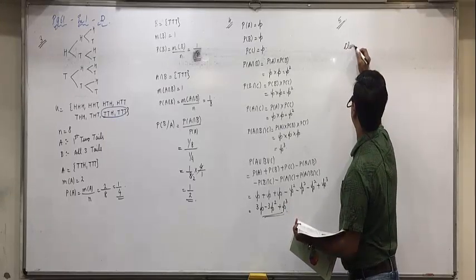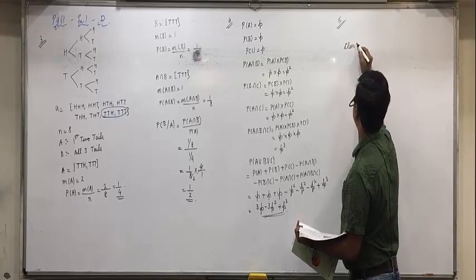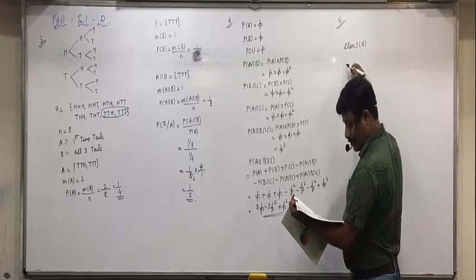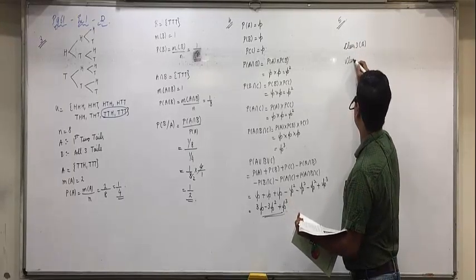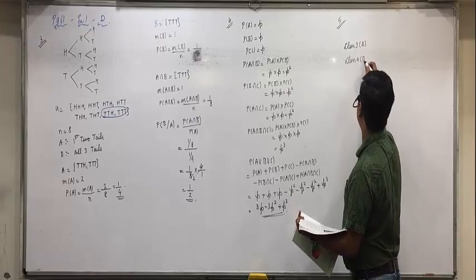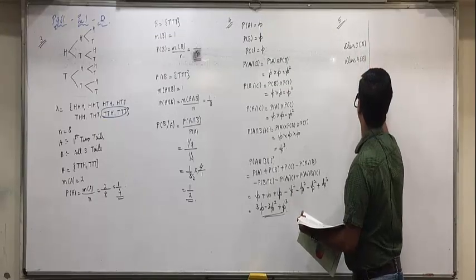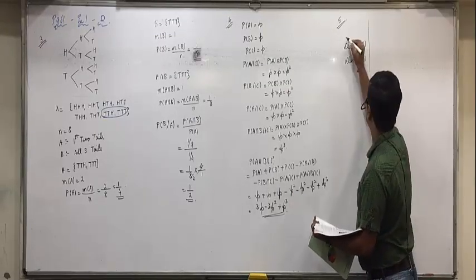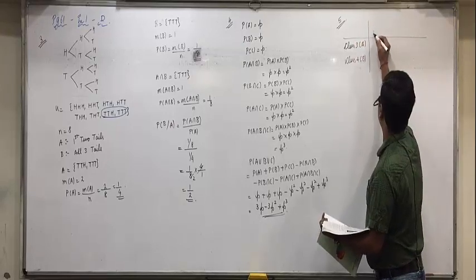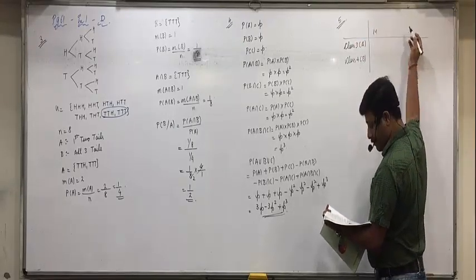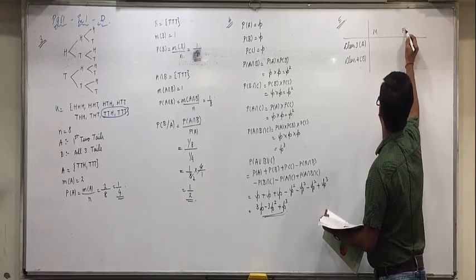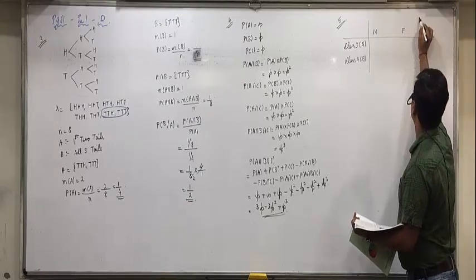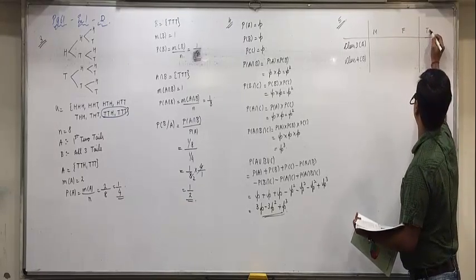Class 3 we are going to define as event A. Class 4 we are going to define as event B. Males, male only M. Females F itself. And the total.